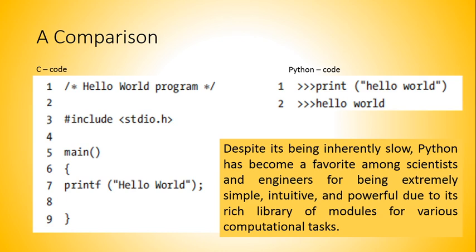Conversely, a Python interpreter will interpret the Python code up to the point where any kind of error is encountered. So despite its being inherently slow, Python has become a favorite among scientists and engineers for being extremely simple, intuitive, powerful, due to its rich library of modules for various computational tasks.